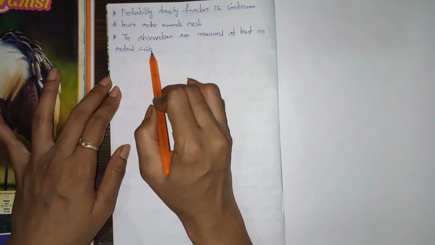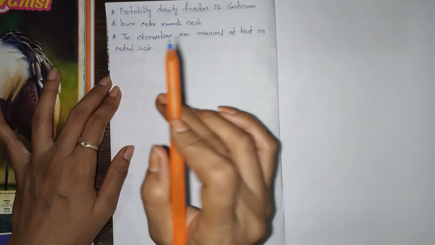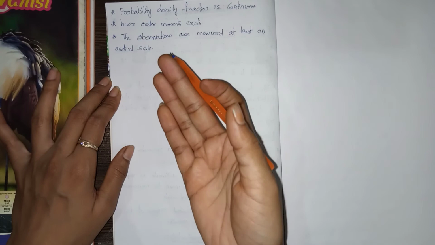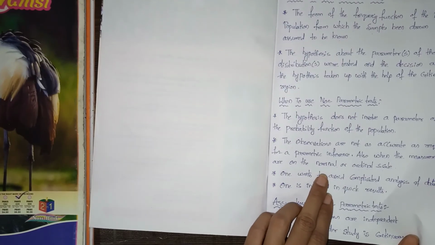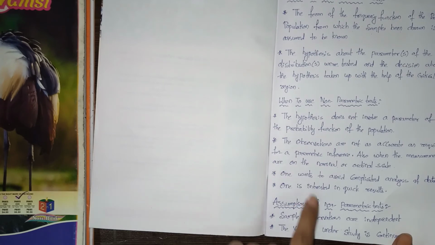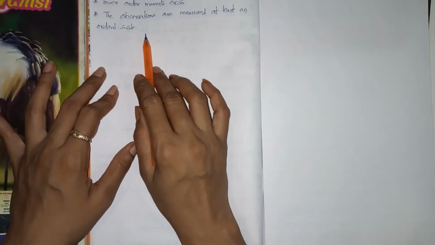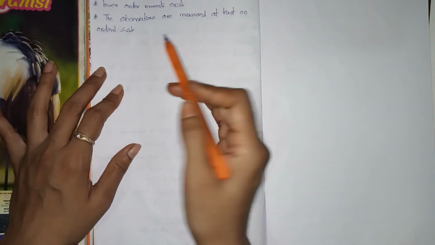Whatever observations we take should be at least on an ordinal scale, or else they can also be on a nominal scale, as we studied here. That's why we took that as an assumption. Compulsorily, the observations should be at least ordinal scale or else nominal scale.